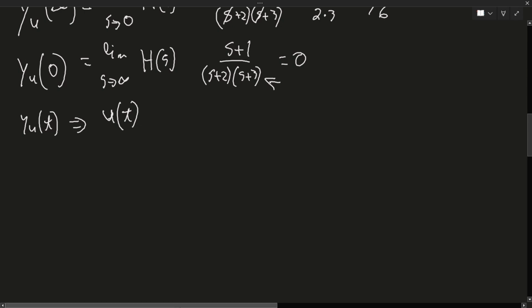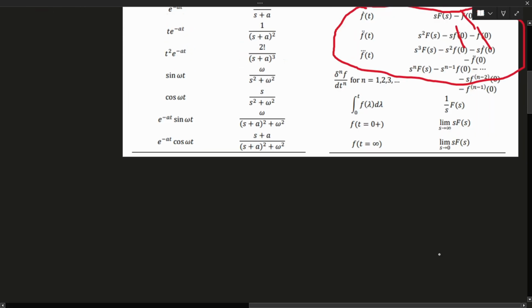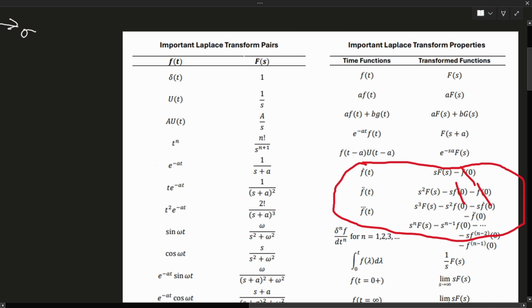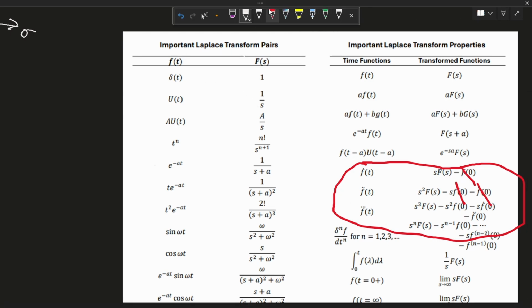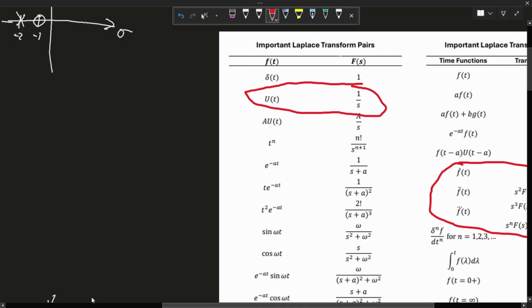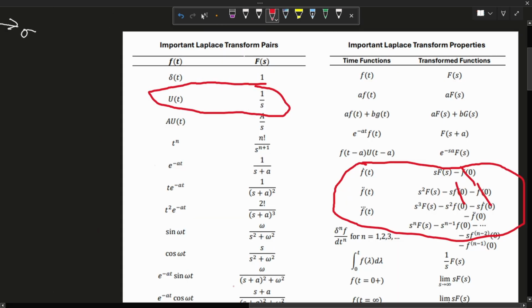And if you check your formula sheet, you should see that the Laplace transform is just 1 over s. So we have everything we need now.